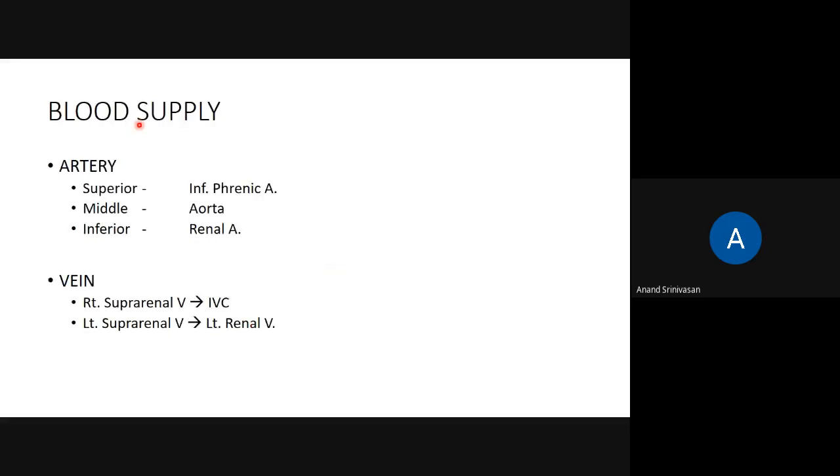The blood supply of the adrenal gland. It receives its blood supply by three arteries: the superior suprarenal artery, middle suprarenal artery, and inferior suprarenal artery. That's quite easy, but usually they will ask where they originate from. The superior suprarenal artery, or superior adrenal artery, arises from the inferior phrenic artery, the artery which supplies the inferior aspect of the diaphragm.